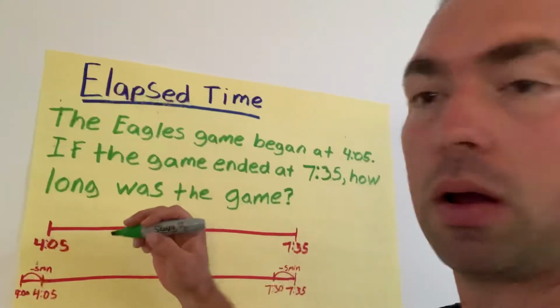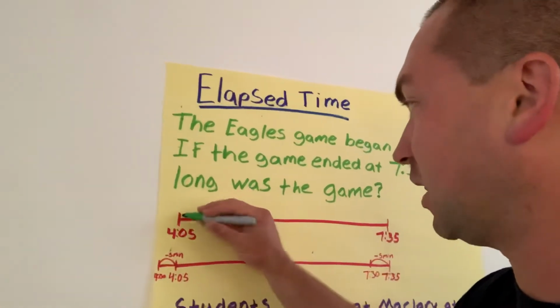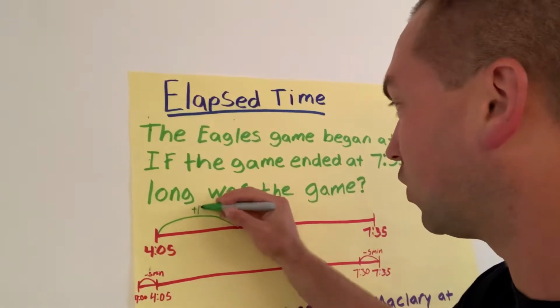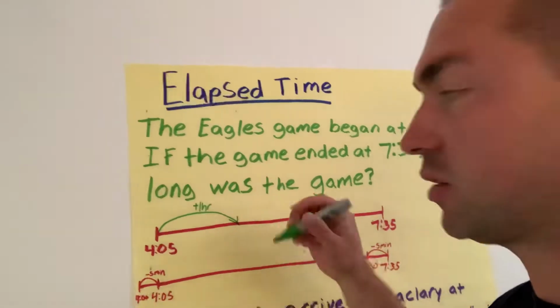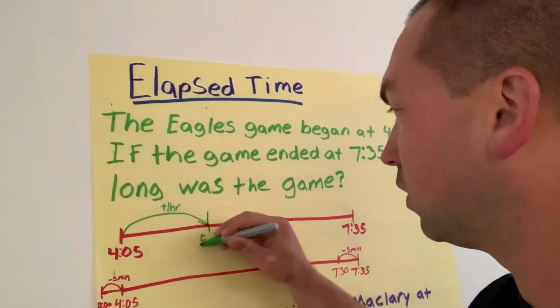Usually, if it's 4:05, I know I'm going to need to add at least 1 hour. If I add 1 HR, that takes me from 4:05 to 5:05.